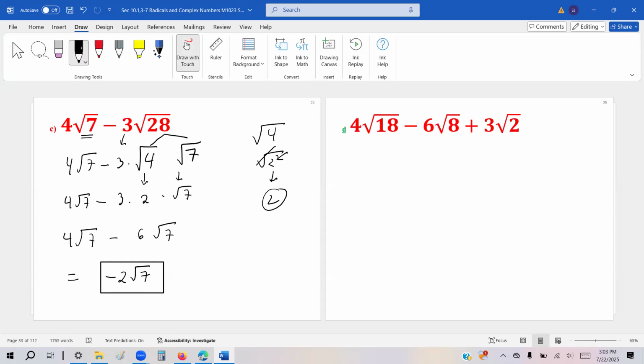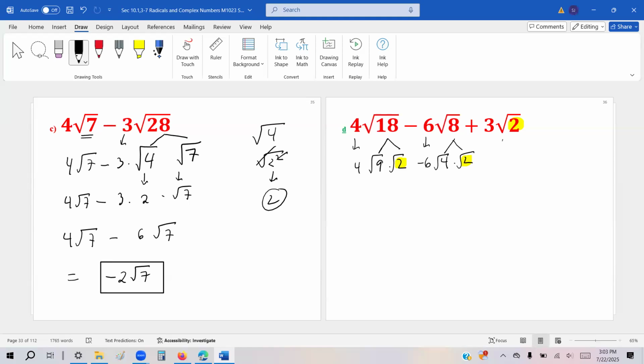Maria. 9 and 2. How about 8? 4 and 2. And we are using 2 because look at the smallest number inside. It's 2. That means you're looking for the same 2 inside other 2 radicals. So square root of 9, square root of 2, square root of 4, square root of 2.